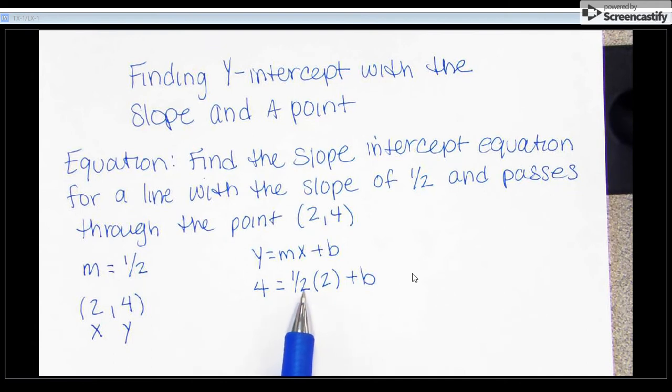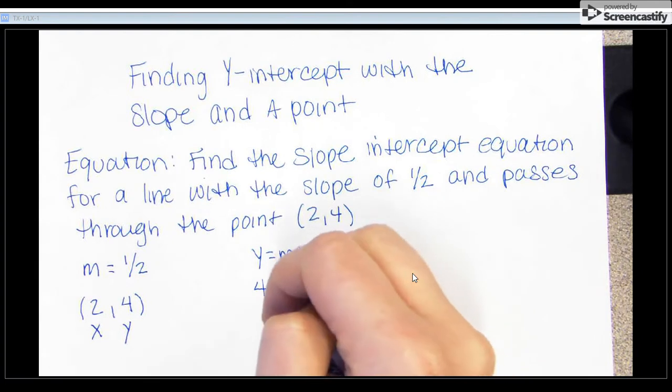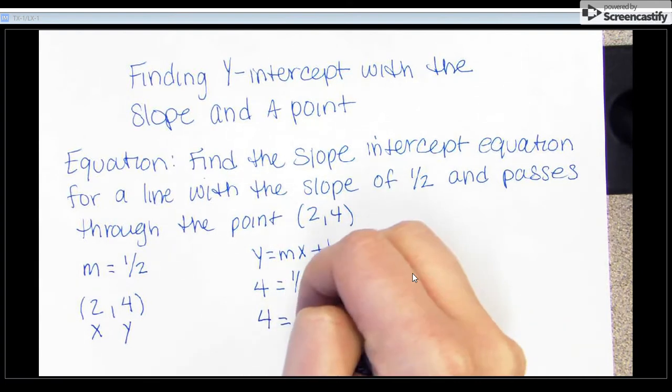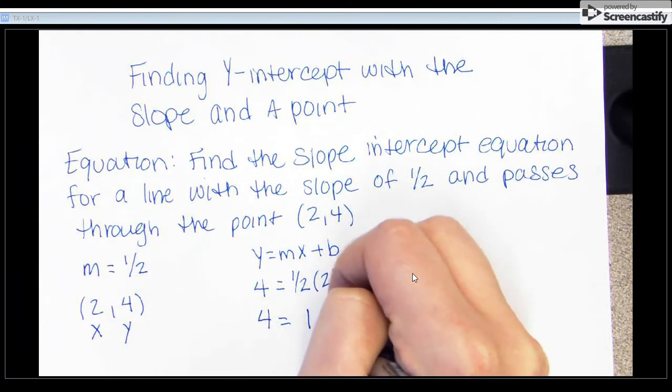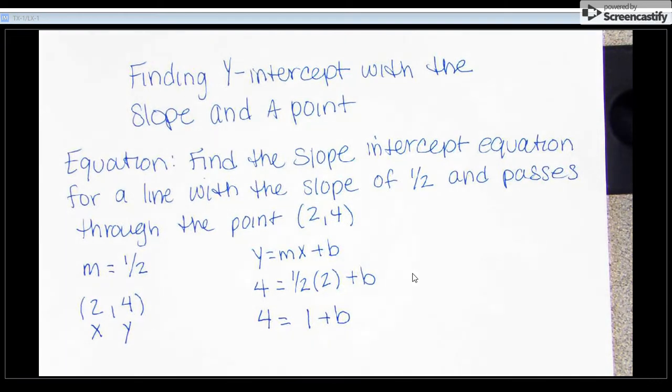So I'm going to do 2 times 1/2, and 2 times 1/2 is equal to 1. I just brought down everything that I didn't use. So I didn't use the 4, so I brought that down. I didn't use the equals, so I brought that down too. And then I didn't use the b yet, so I made sure to include that as well.